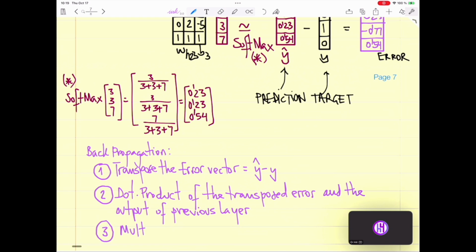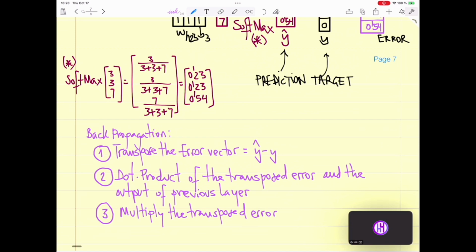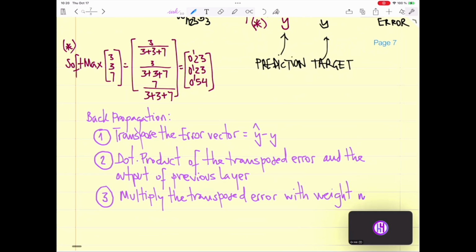Multiply the transposed error with the weight matrix of the current layer.